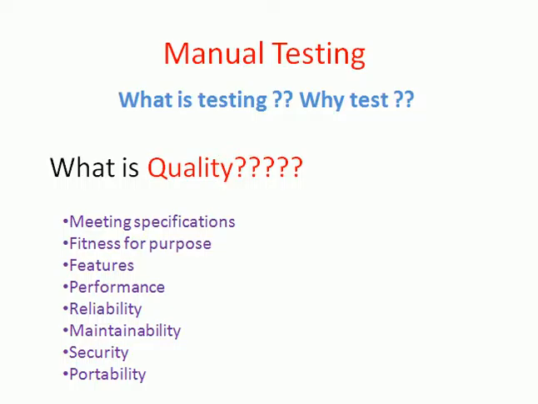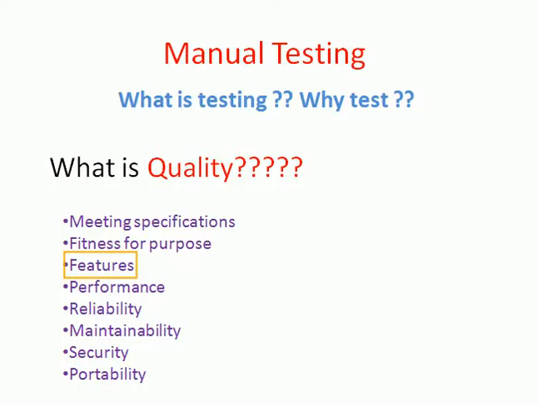Another definition of quality is around the features. So are there many useful features in the system or not? Let us take the example of a calculator software. When we use the calculator software, we need it for the basic operations, addition, subtraction, multiplication, division, and also other operations like finding the log, sine, cos, square root, square.